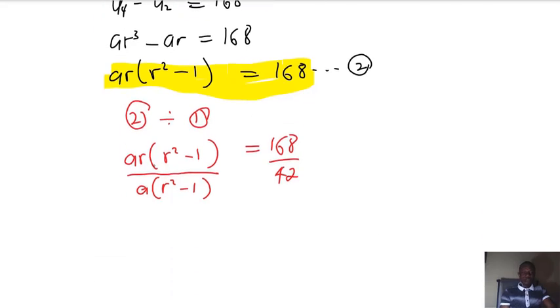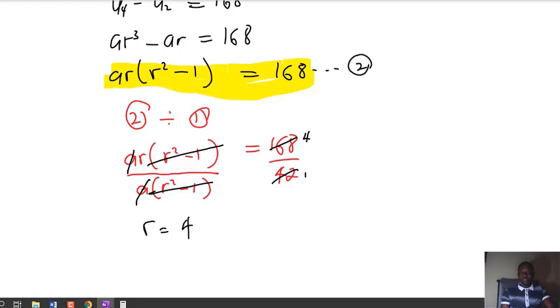So the bracket of R squared minus 1 will cancel, and this A will cancel this A here. So 42 goes into 168 how many times? 4 times. So we have R equal to 4.